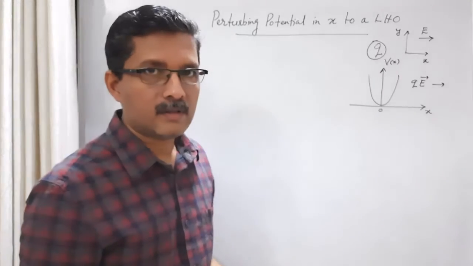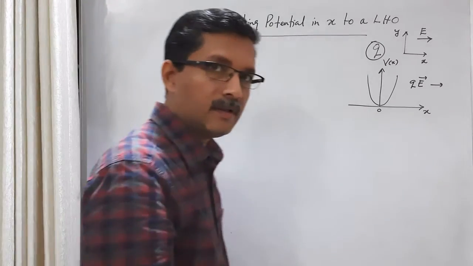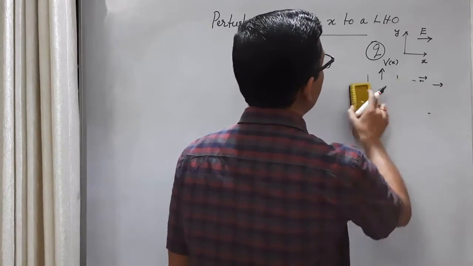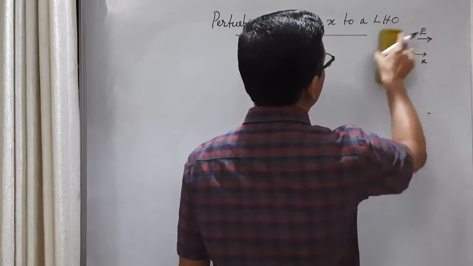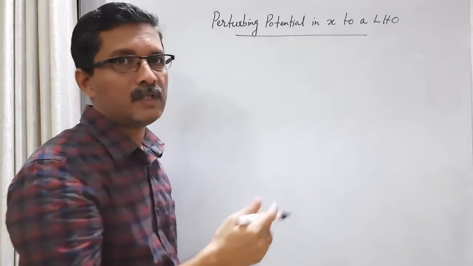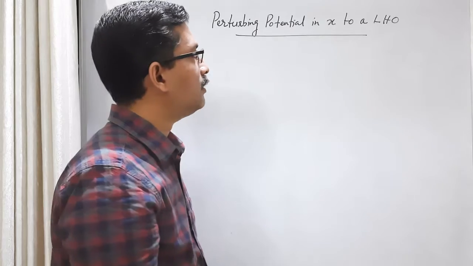Let us see what we are going to get from the equations. When you apply an electric field along the plus x direction, what is the potential acting on the particle?